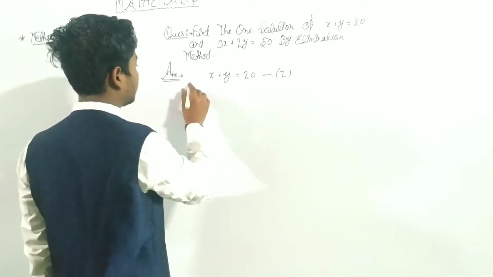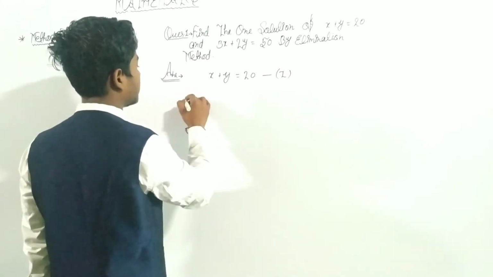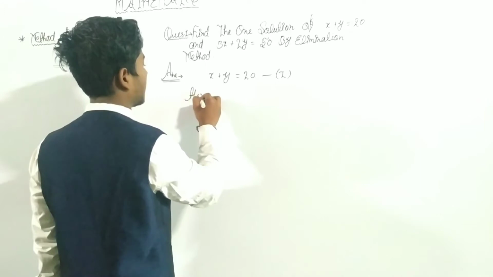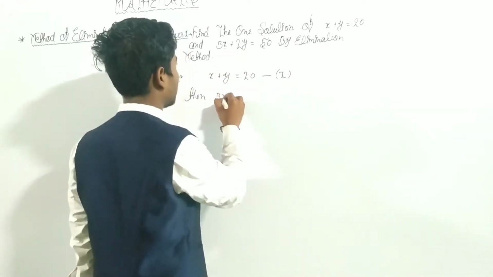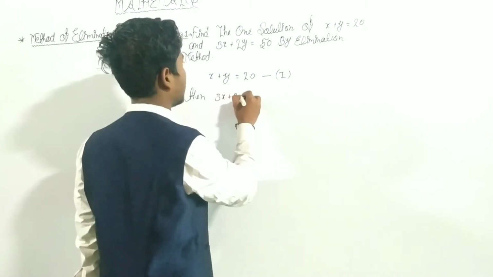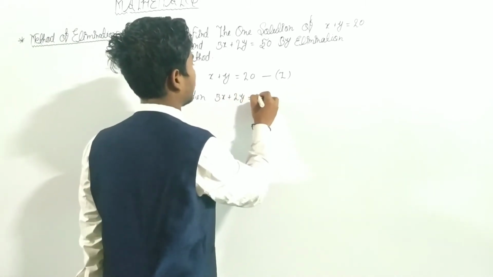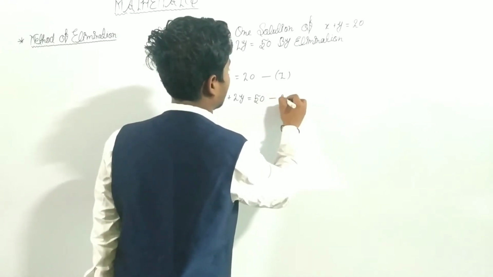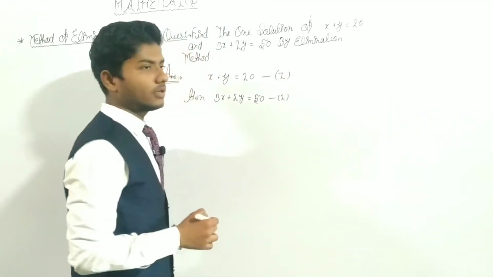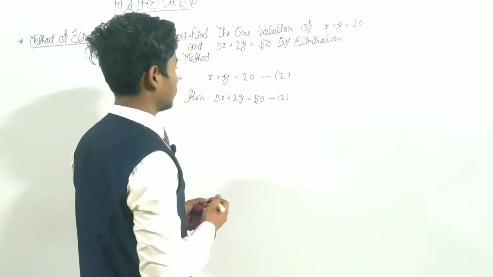The second equation is 3x plus 2y is equal to 50. Let's consider it equation 2.